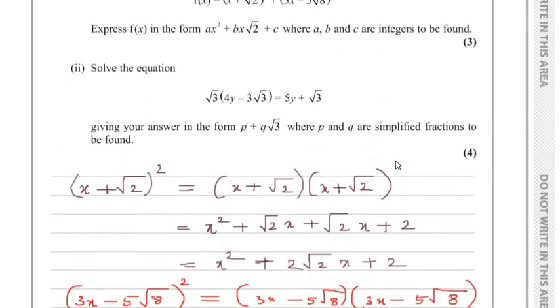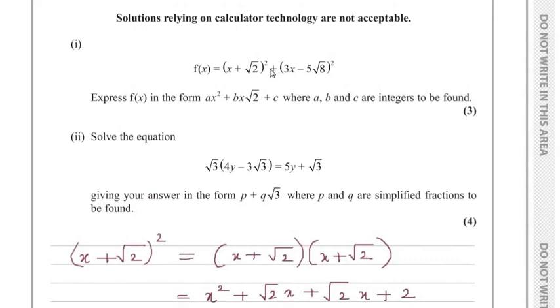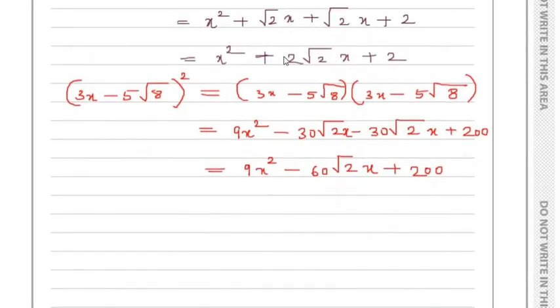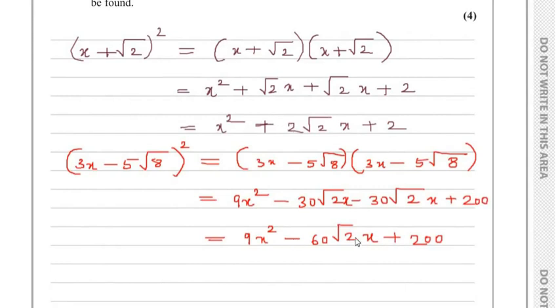Now let us see what is the operation between the two terms. There is an addition between the two terms. So I am going to add the answer of the first bracket with the second answer.